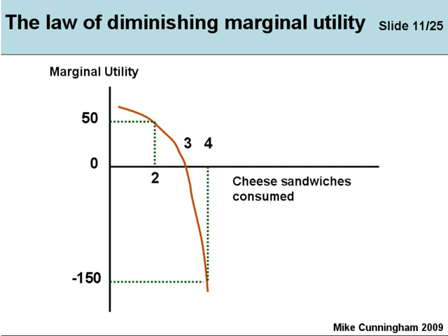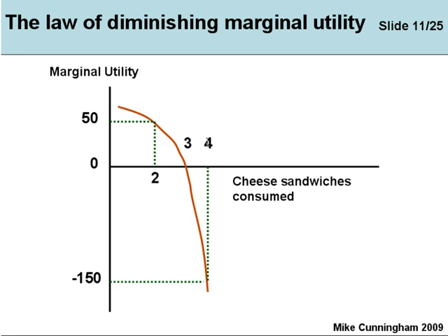We have, along the horizontal axis here, the number of cheese sandwiches consumed. Up here we have the marginal utility. Down here we have marginal utility in the negative. So if we have 2 cheese sandwiches, we'd get 50 utils. The third one gives us nothing, this point here.